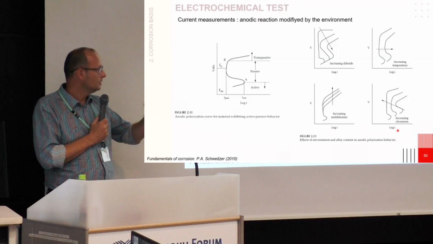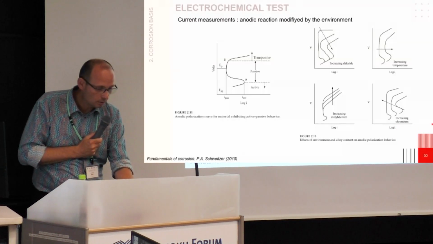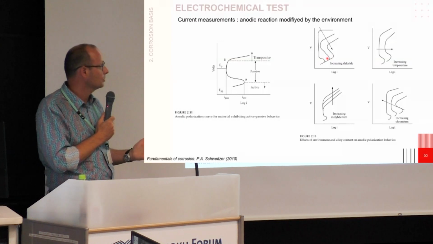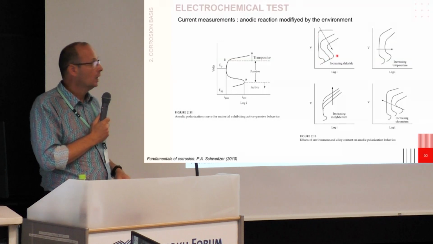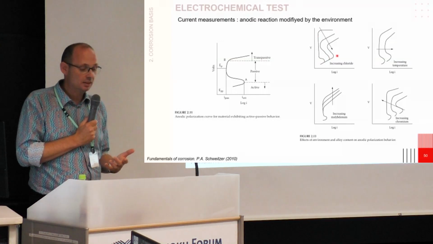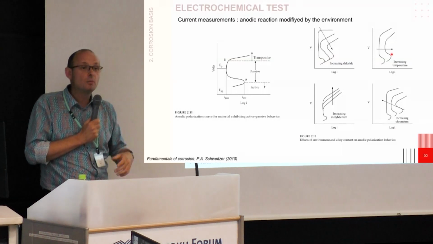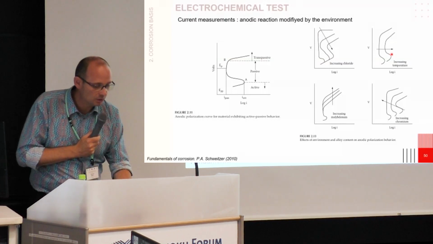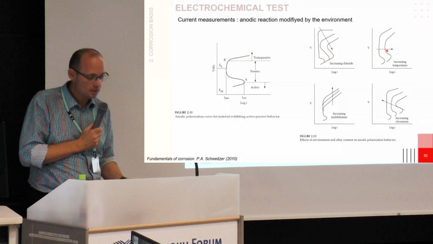And you will find this for other parameters. For example, chloride. If I'm increasing the chloride concentration in solution, I will change the shape of the curve and the reactivity of the material will increase. If I'm increasing the temperature, I will also increase the quantity of electrons released by the metal. So the current will increase.